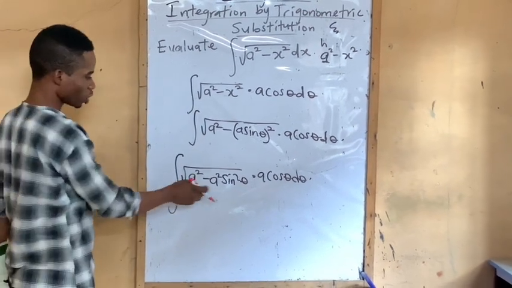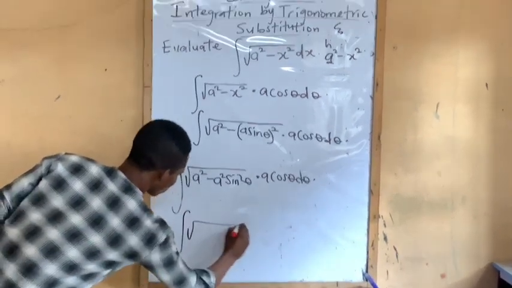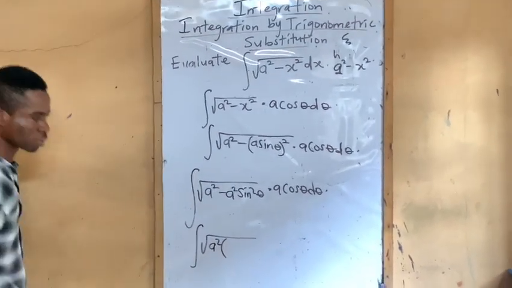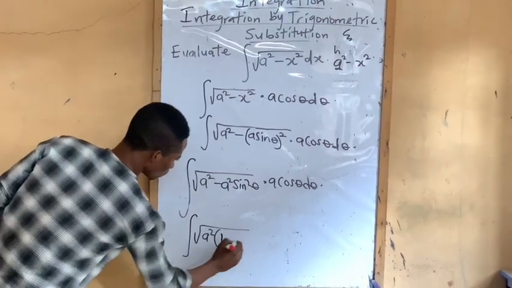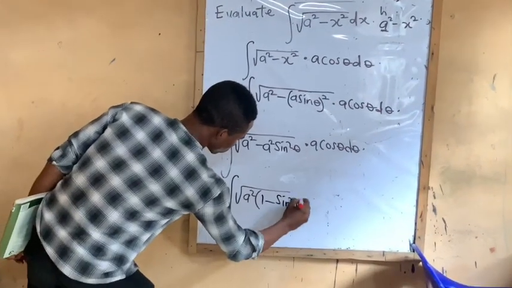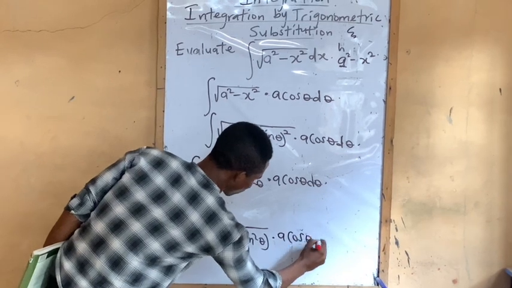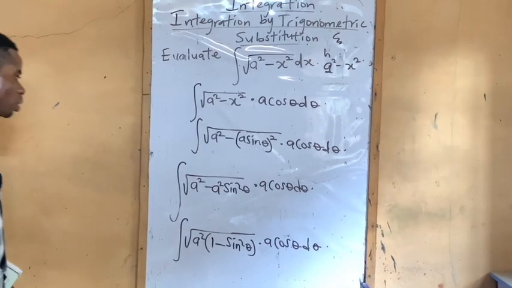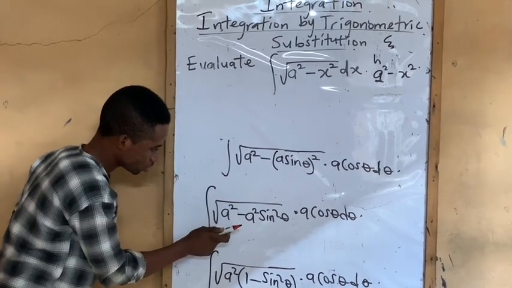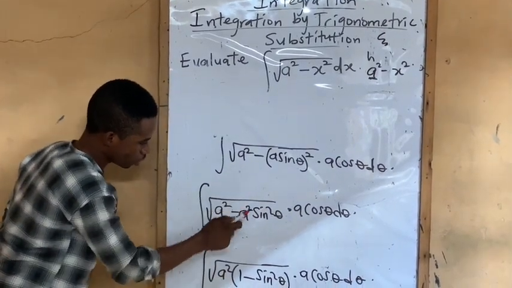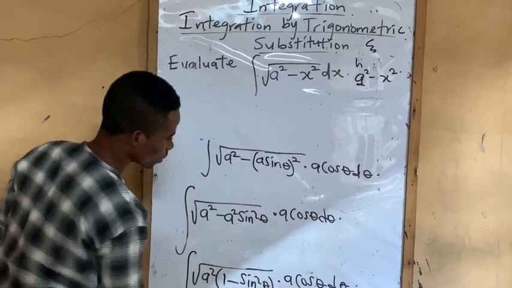And we know that the A squared is common here. Just say A squared into brackets, because A squared is common, I want to factorize it: 1 minus sin squared theta, multiplied by A cos theta d theta. I factorize it, open a bracket, because this times this will give me back the original.